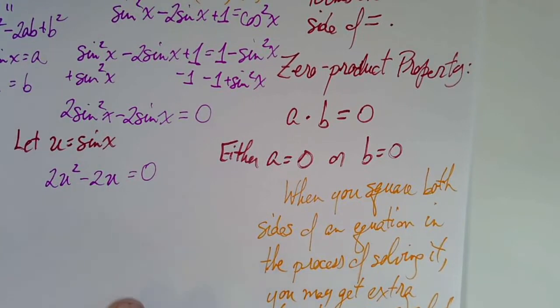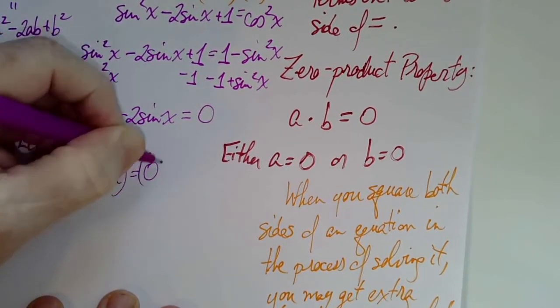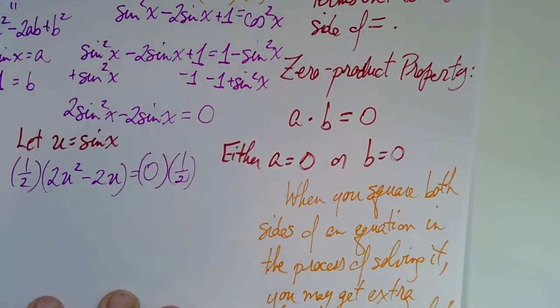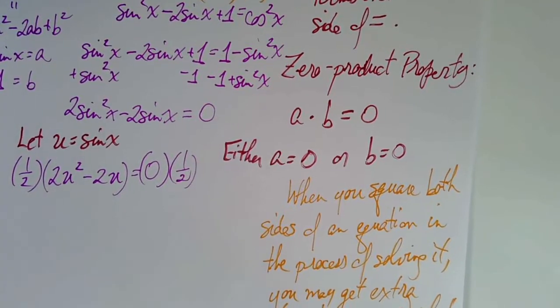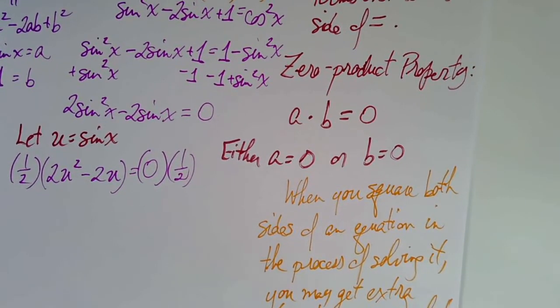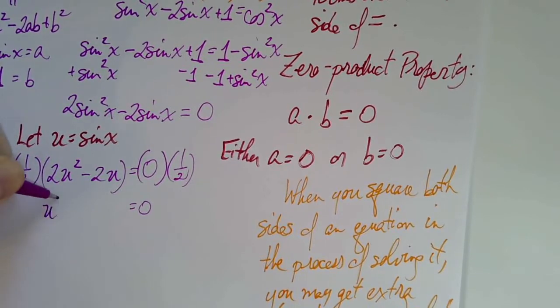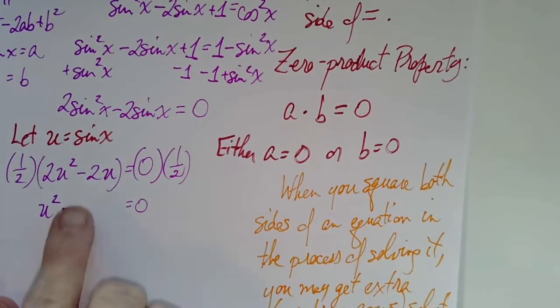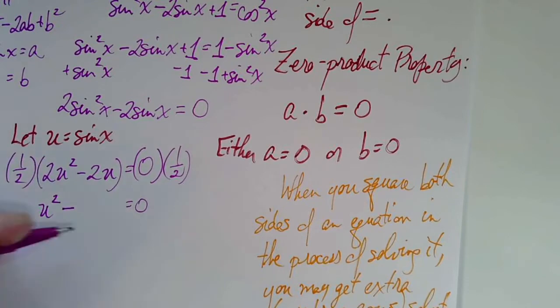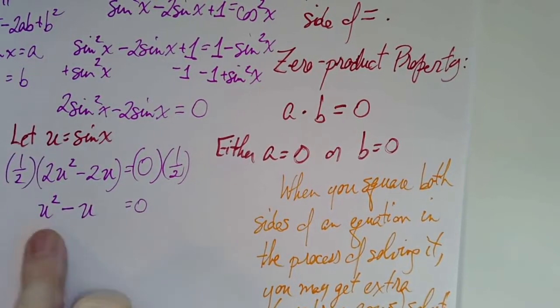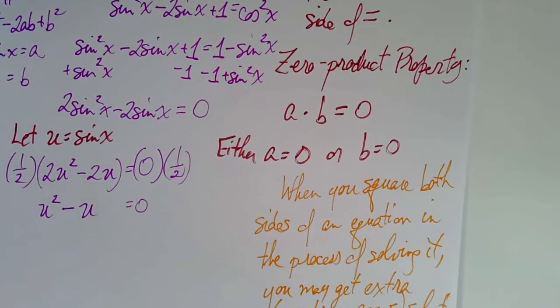Can I divide or multiply everything by 1/2? Because that will certainly simplify the left-hand side. 0 times 1/2 is still 0. 1/2 times 2 is 1, so I get a u squared, minus 2 times 1/2 is also 1. So I have u squared minus u equals 0.